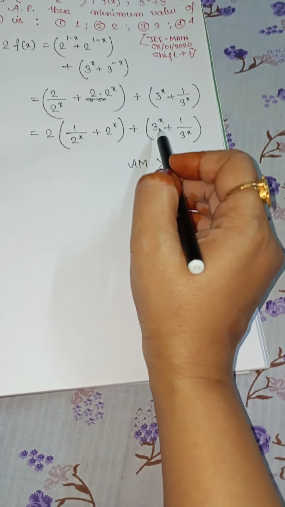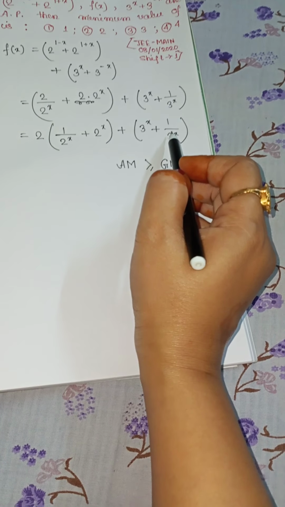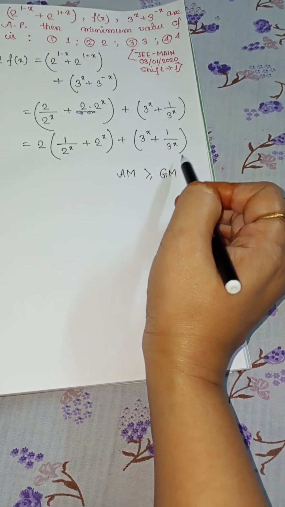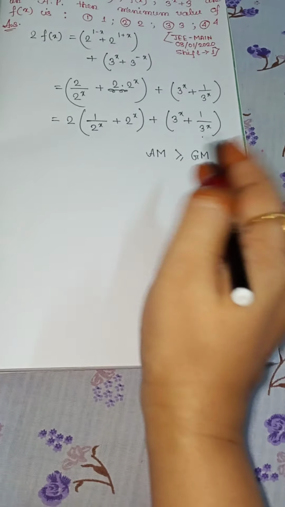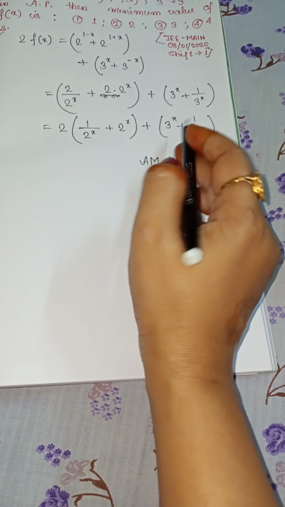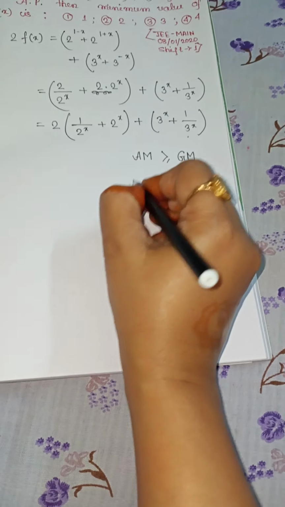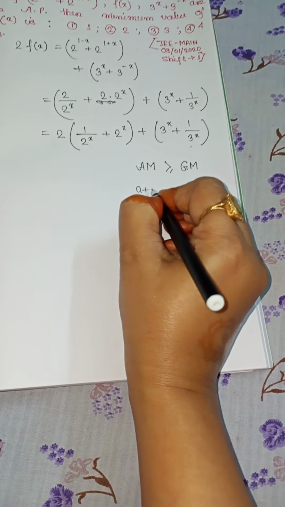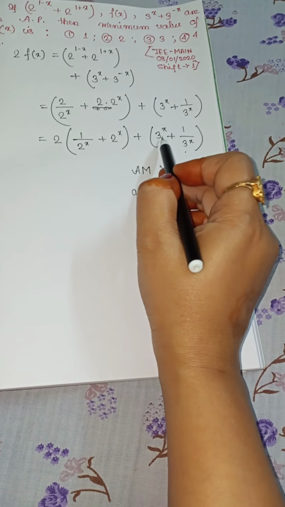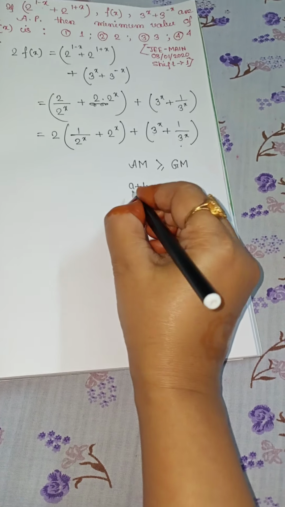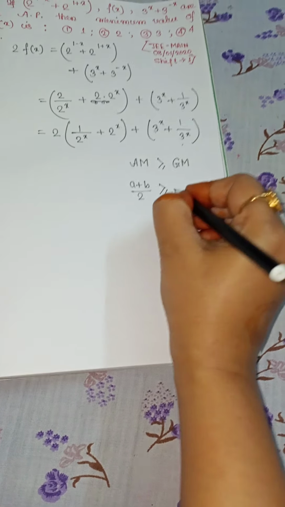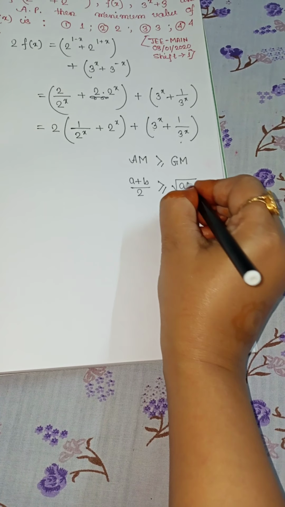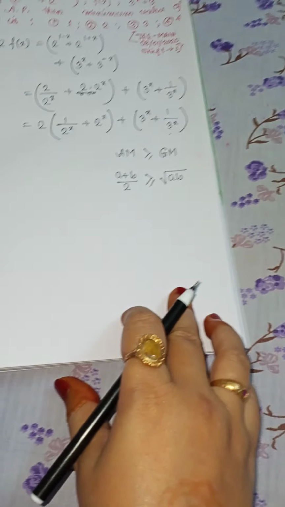We know (A plus B) by 2 is greater than or equal to root over A into B. Let's suppose this is A and this is B. So AM is greater than or equal to root AB, that is GM.